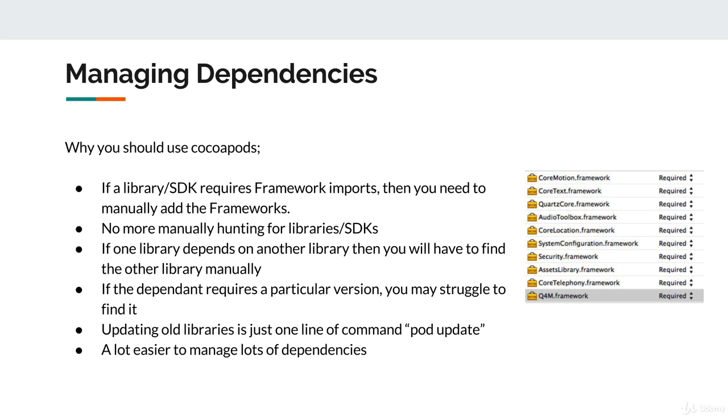The fifth reason is that when you update old libraries, you only need one line of command, which is pod update. If you have to do it manually, let's say you have 20 libraries, one from Facebook, one from Google, one from Twitter, you have so many libraries, and then maybe it's been 6 months on your project, and you just want to update all your libraries.